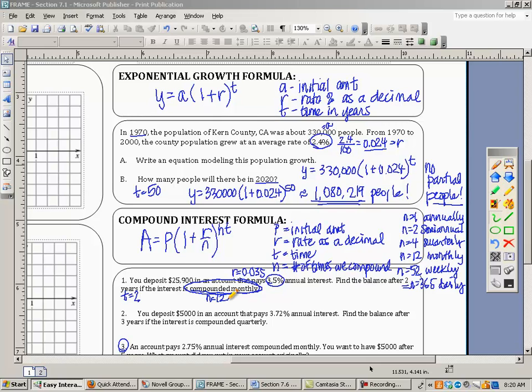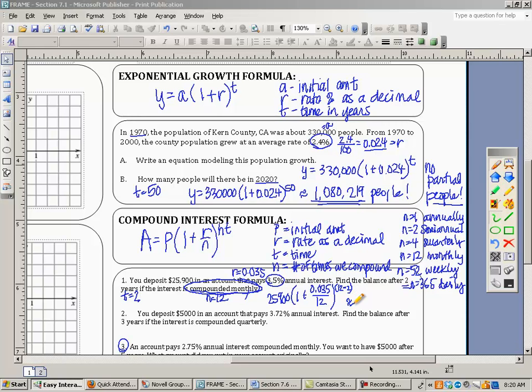So I plug in what I know. 25,900 times 1 plus, my rate is 0.035 over 12 because it's monthly, to the 12 times 2 because it's 12 times in the 2 years.